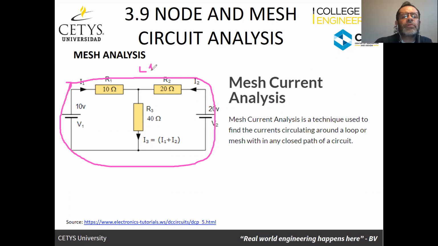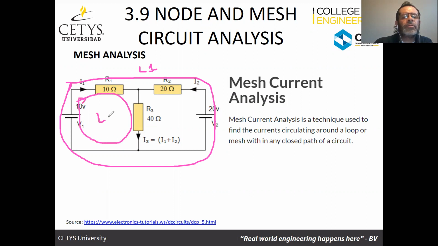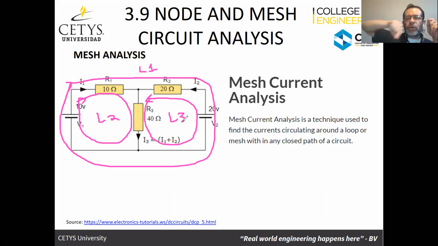So for example, this is one loop. We're going to have another loop here, which I'm going to call loop 2. We're going to have another loop here. It's a closed path where current can flow, where none of the elements are repeated. So those are loops in a circuit.